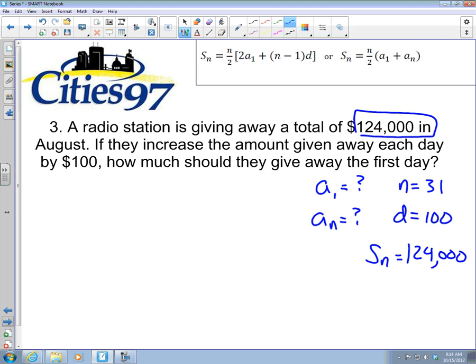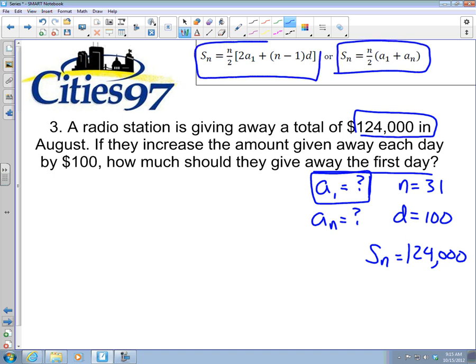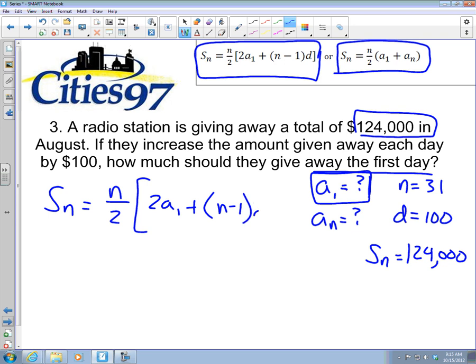So what I want you guys to do is this: increase each day. How much should they give away that first day? We're going to look for a sub 1 again, and I'll give you a hint. We don't know a sub 1 and a sub n, so I'm not going to use the other formula. We're going to use this one again. S sub n equals n over 2 times 2 a sub 1 plus n minus 1 times d.